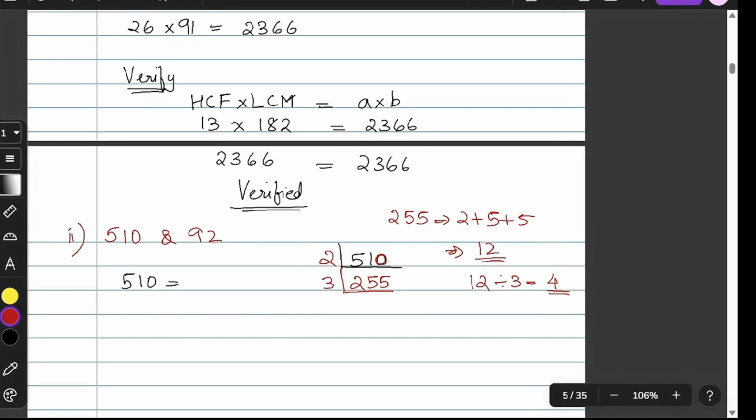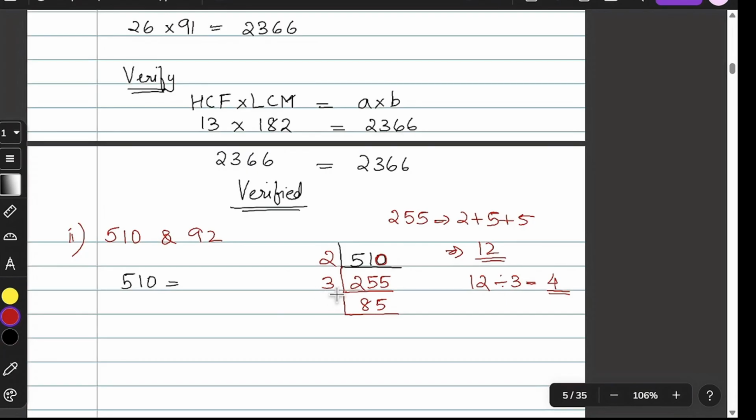If I divide it by 3, I will get 85. Now again I have to check whether this 85 is divisible by 3 or not. What is 8 plus 5? It is 13, so it is not divisible by 3, and it is also not divisible by 4. So which is the next number?